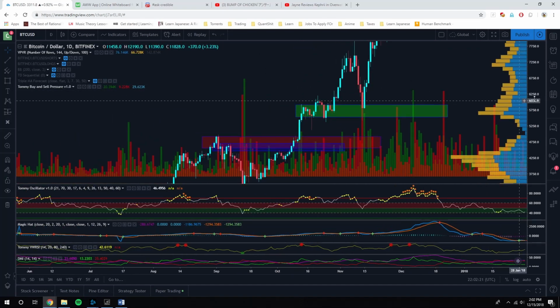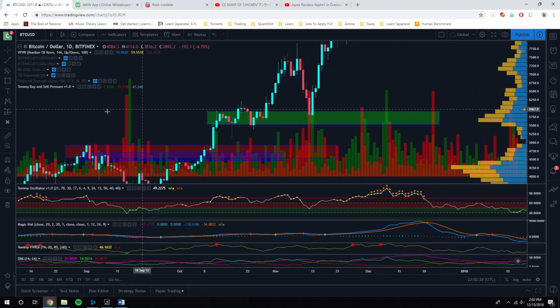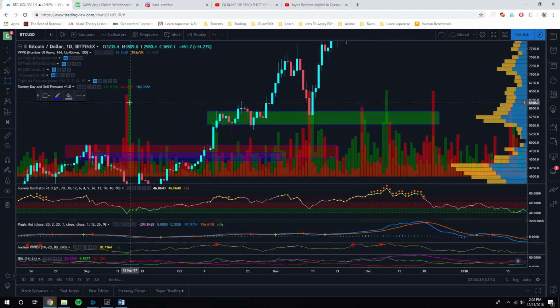Okay, this one's a support order block. So this is a support example. Here we have the primary order block, and I drew this already. I think this one kind of explains itself.